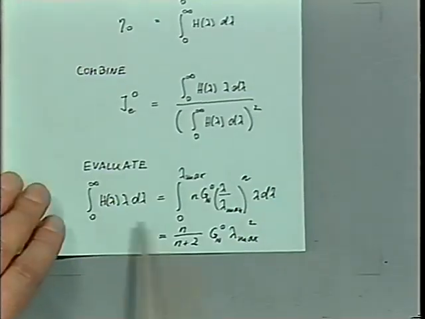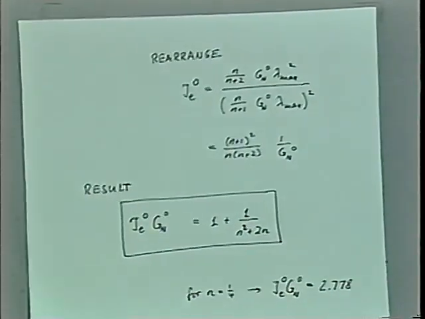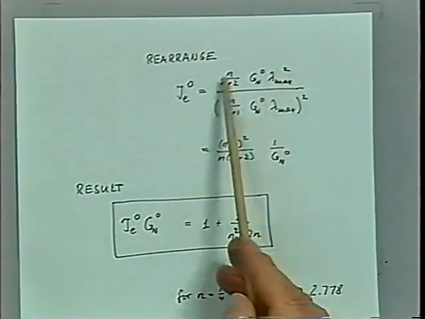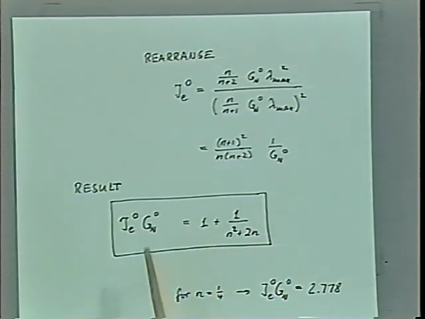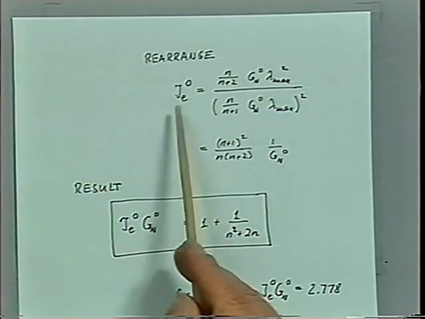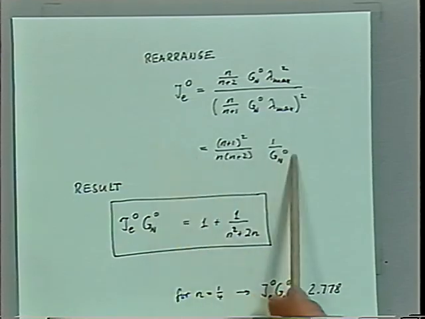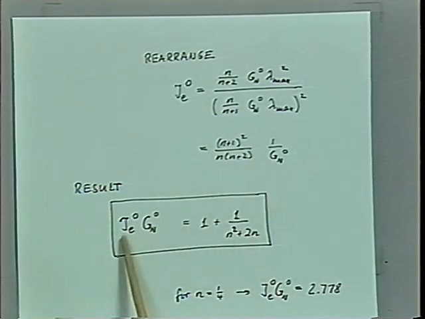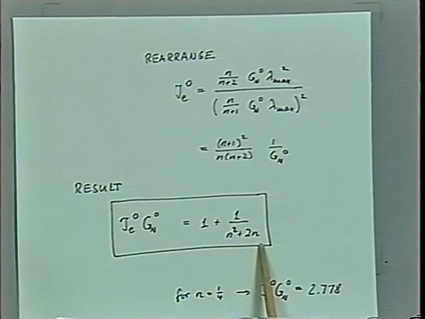If you evaluate those two parts, you will find an analytical solution, and you divide this by the viscosity and find that the compliance is given by the ratio of those two results. You rearrange this to find now JE0 and GN, the plateau modulus, put all on one side, and everything depends on n here. So the product of the two is 1 plus 1 over n squared plus 2n.